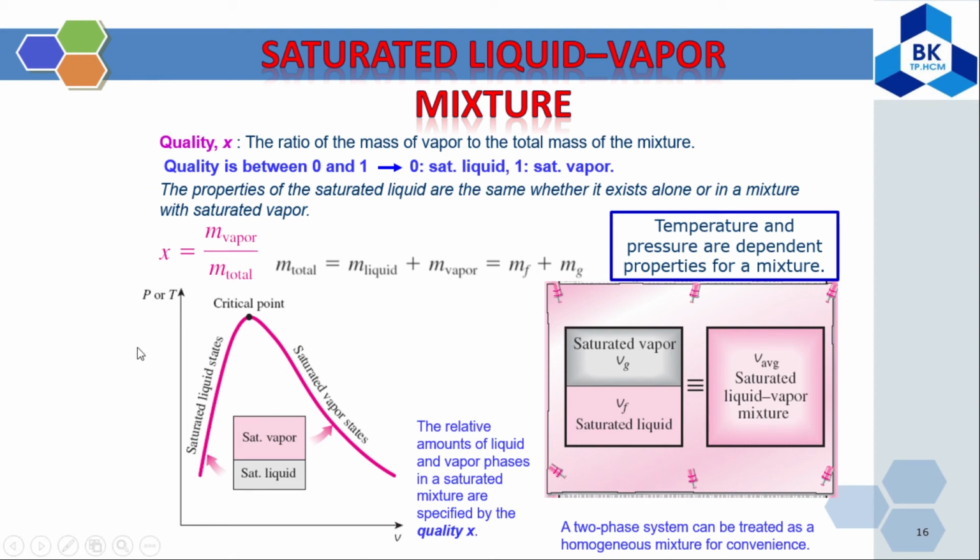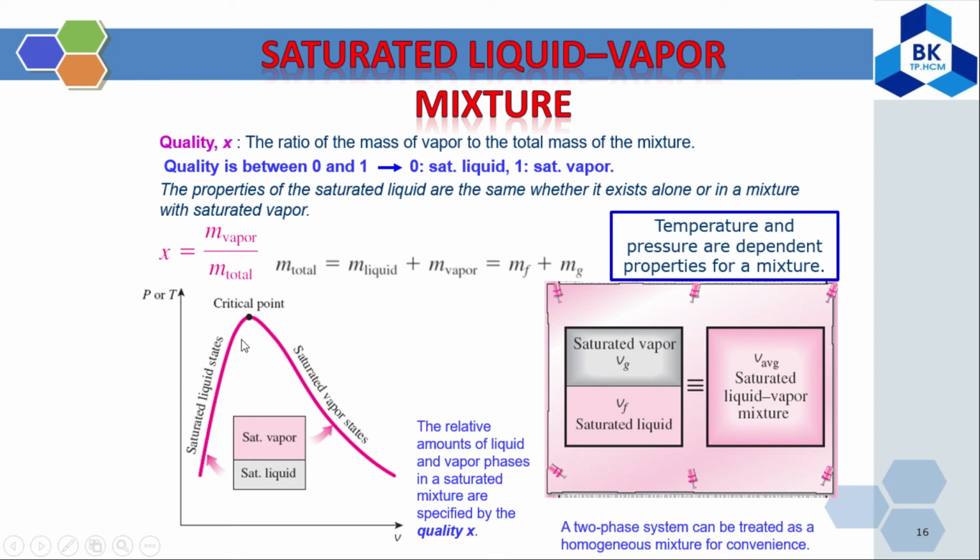Look at the diagram, the PV diagram or the TV diagram. We have the saturated liquid state. If the substance stays on this line, its quality will be X equals 0. And if it stays on the right-hand line, that means the saturated vapor state, and X equals 1.